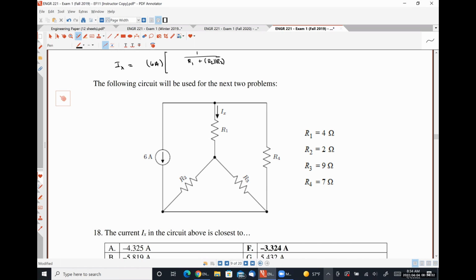And because I'm pressed for space, I'm just going to write R2 in parallel with R3 like that and assume you guys know it's R2 times R3 over R2 plus R3, divided by 1 over R4 plus 1 over R1 in series with R2 in parallel with R3. And because our current source is pointed down, that's opposite the direction that I would expect here. And so I'm going to put a negative sign up.